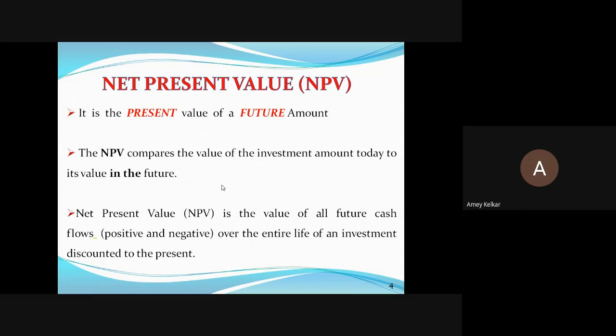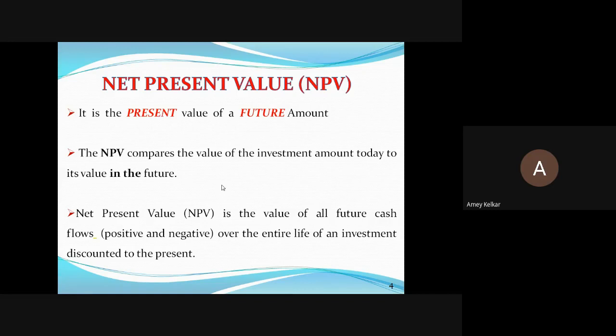So if you make any purchase, this becomes very, very important. In future, the cost might be X, but what is its cost today? It is present value. All the dealings which we do are in present value, but keeping a view of future value. So net present value is the present value of a future amount.